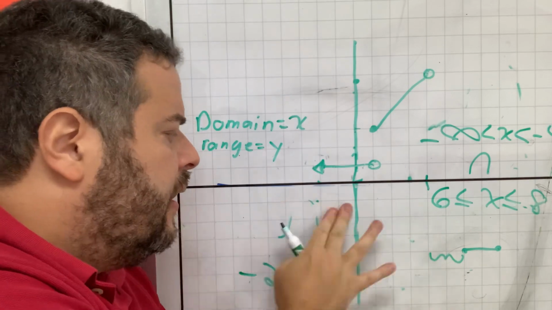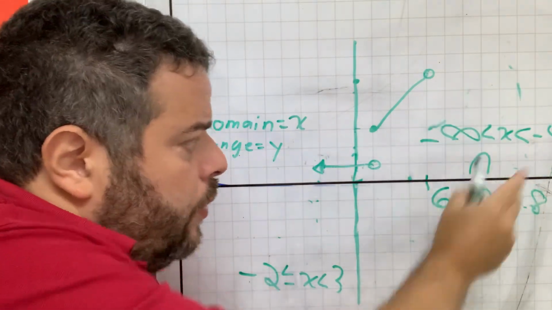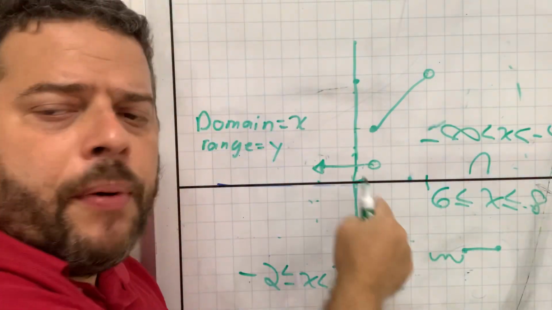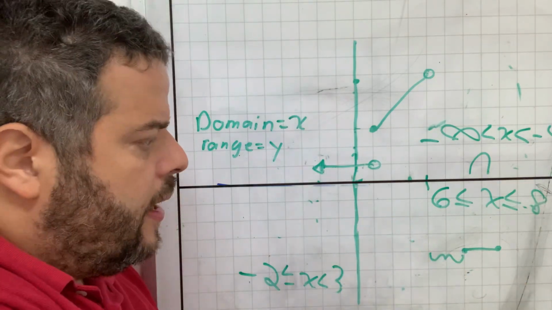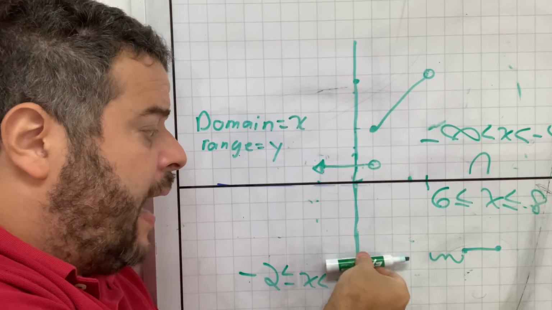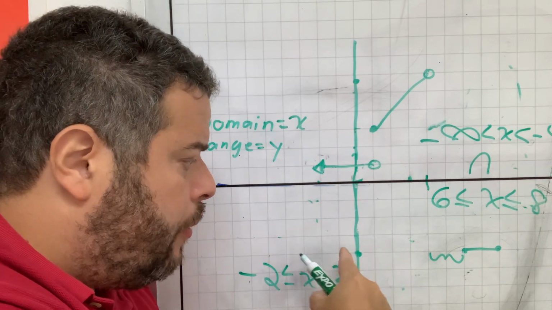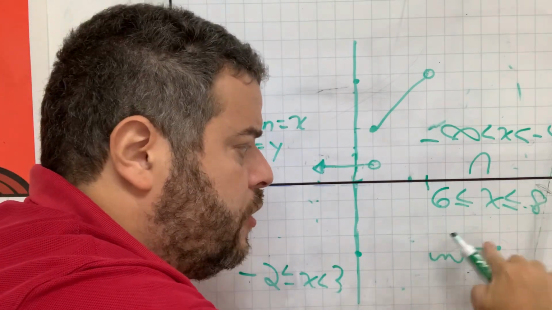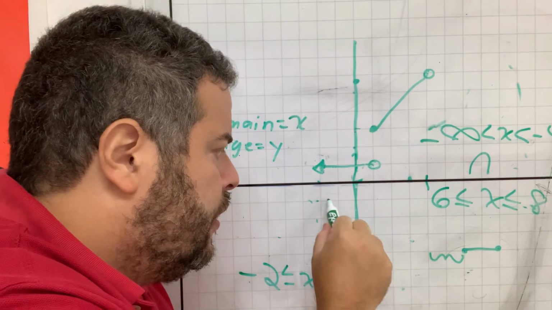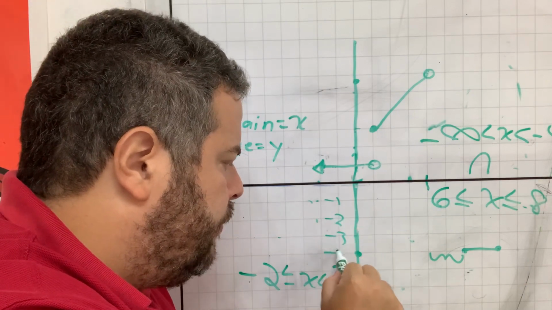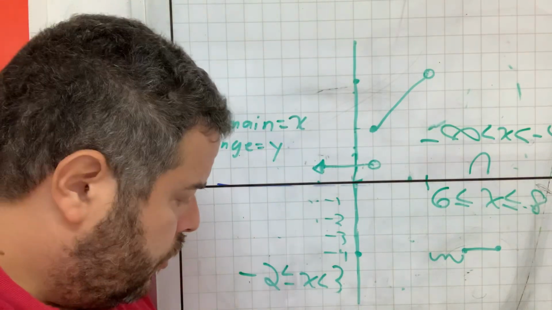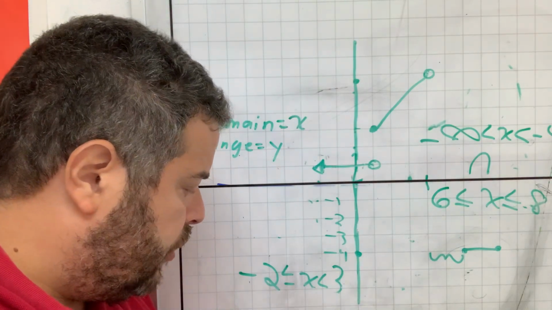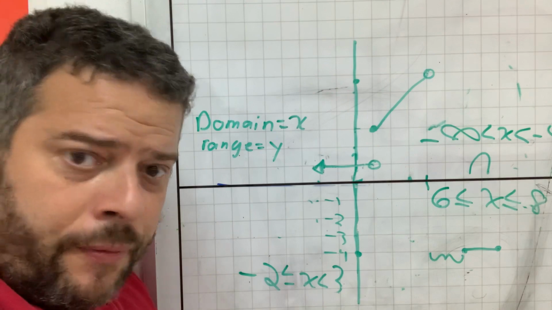For example, this would be the domain for this particular function. Let's write the range. I begin scanning, I exist only at this point. Because again, it's a perfectly horizontal line, I exist there. So it'll be -1, -2, -3. So -4 is part of the range. So again, y equals -4, that's part of the range.